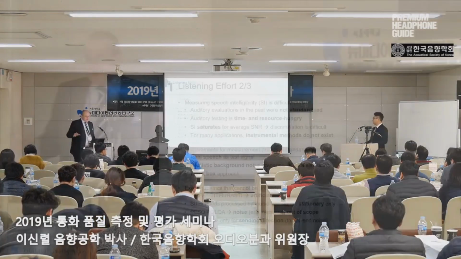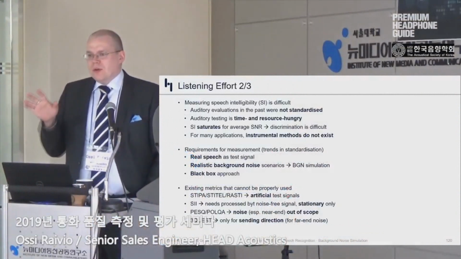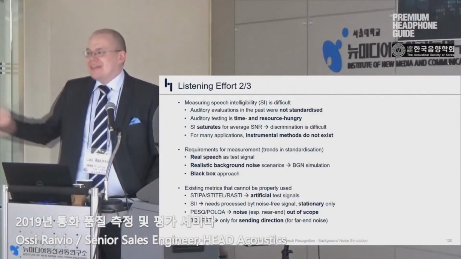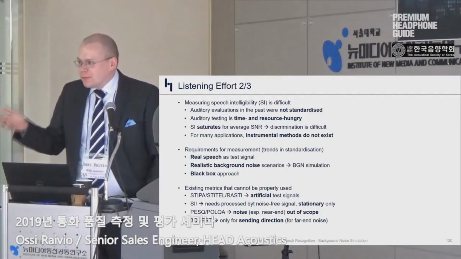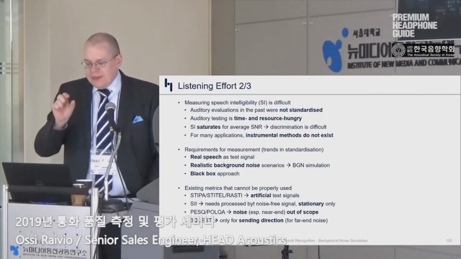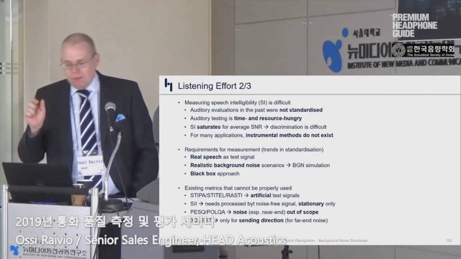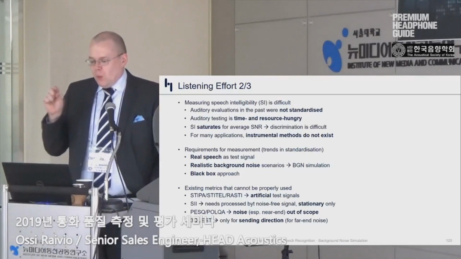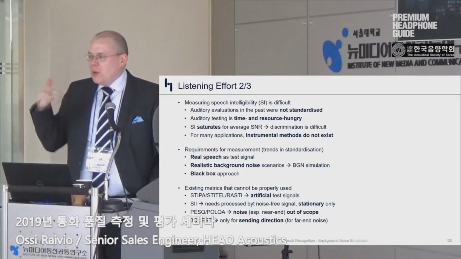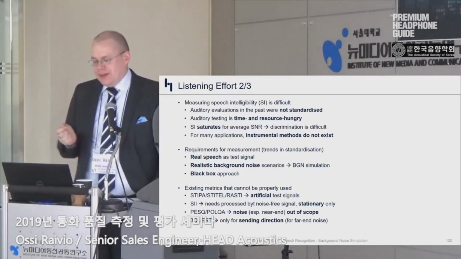So the question then is, what are the problems in the existing algorithms? Of course, there are lots of existing algorithms, but this is just listing why we need a new algorithm for the listening effort.